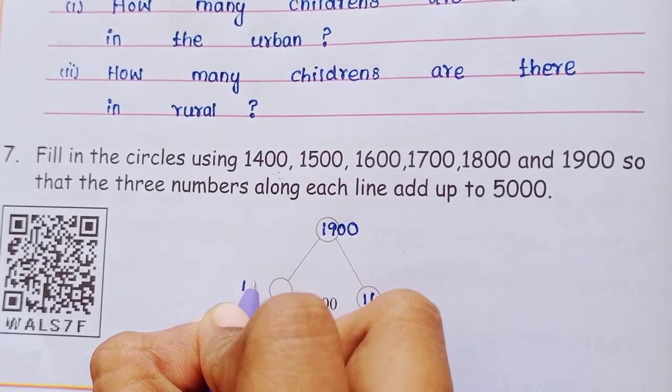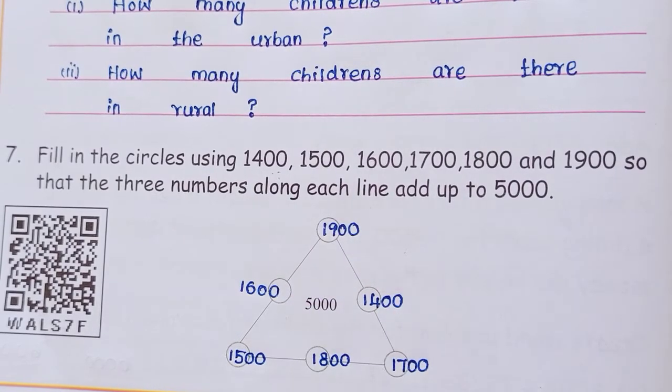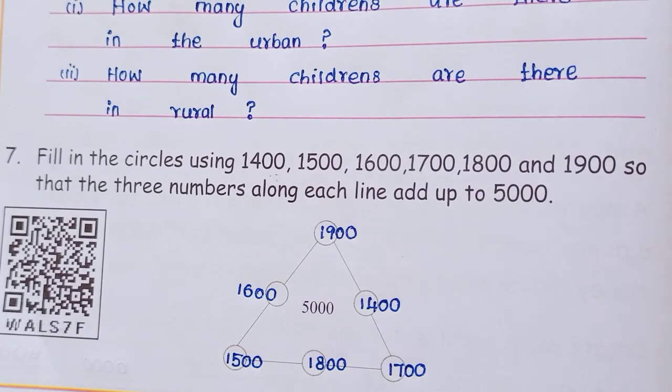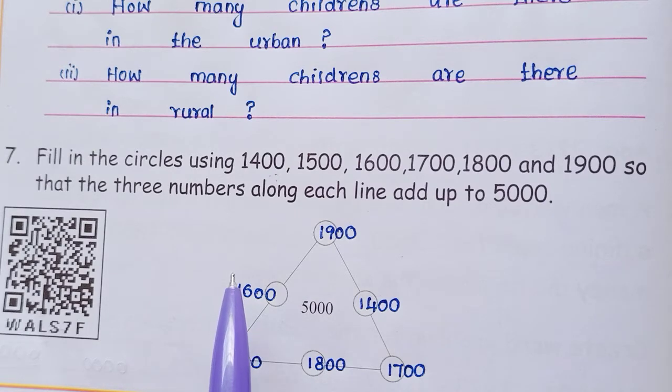Here 1600. It starts from the 1900: 1900, 1400, 1700, 1800, 1500 and 1600. Do you understand, children?